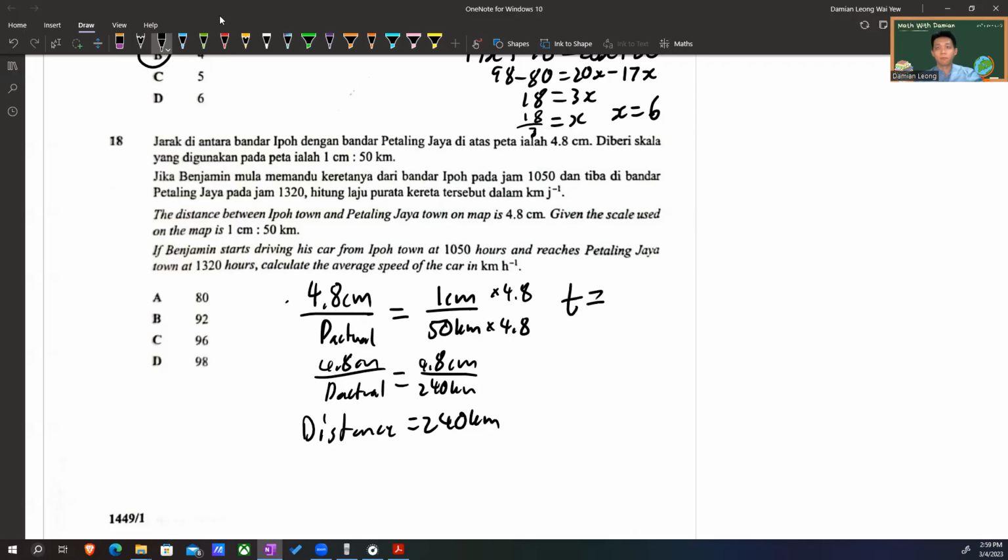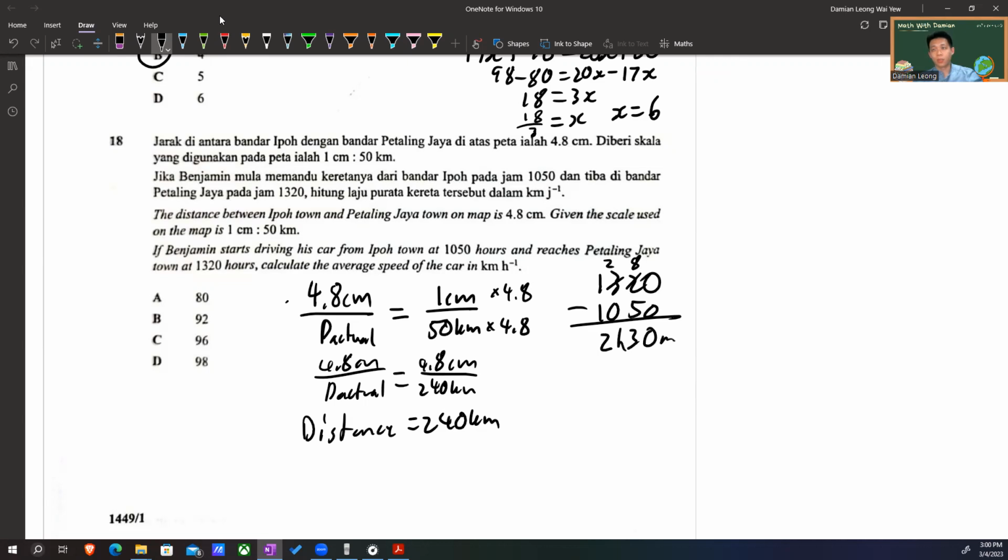The time will be from 1050 to 1320. So 1320 minus 1050. 20 I cannot minus 50, so take one from here as 60 minutes. So 80 minus 50 is 30. 12 hours minus 10 hours is 2.